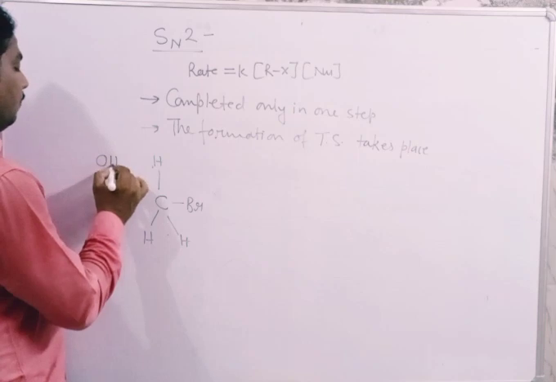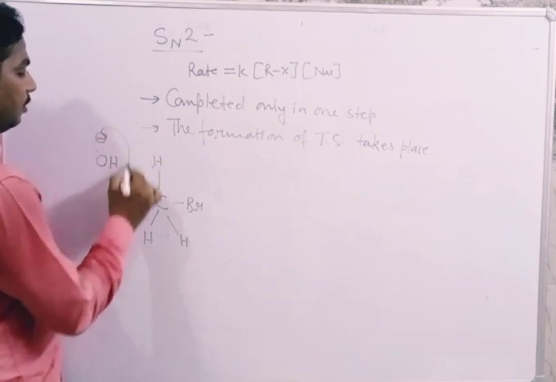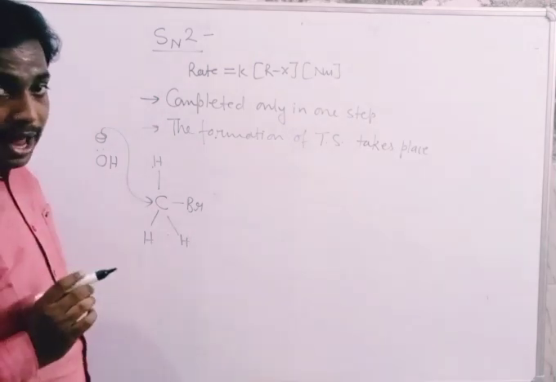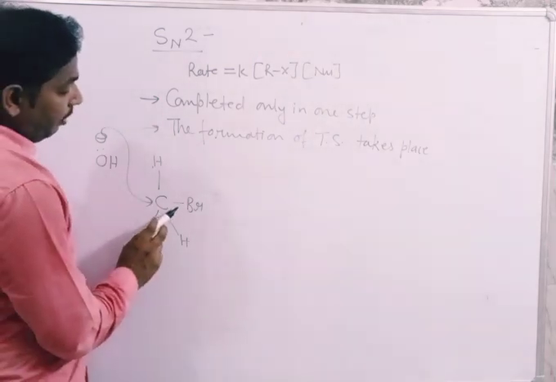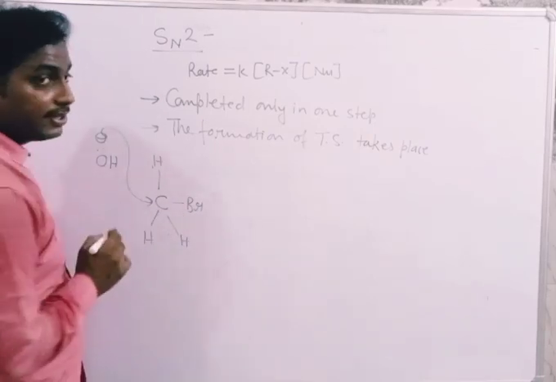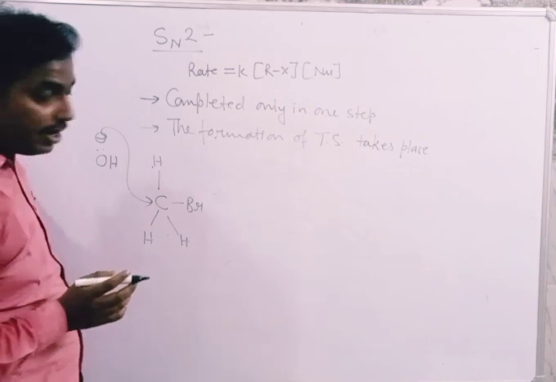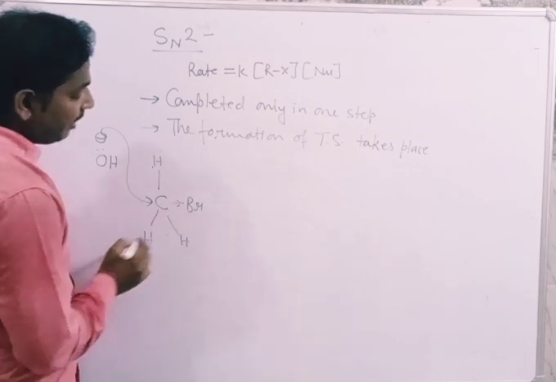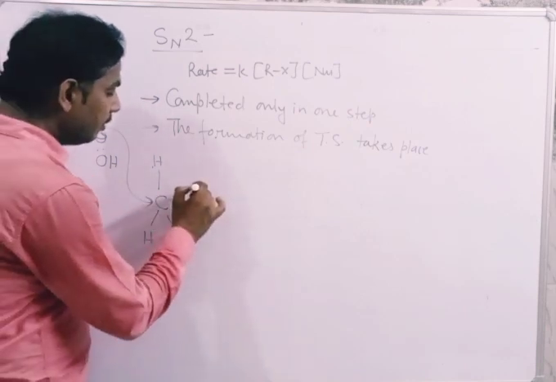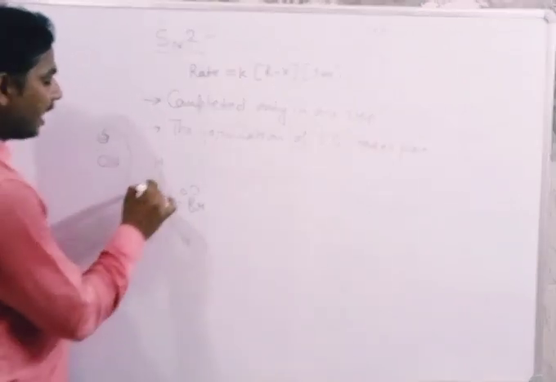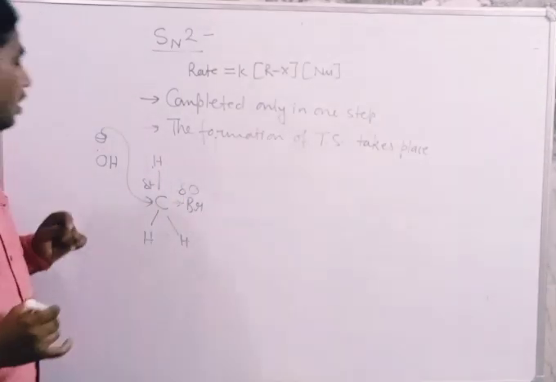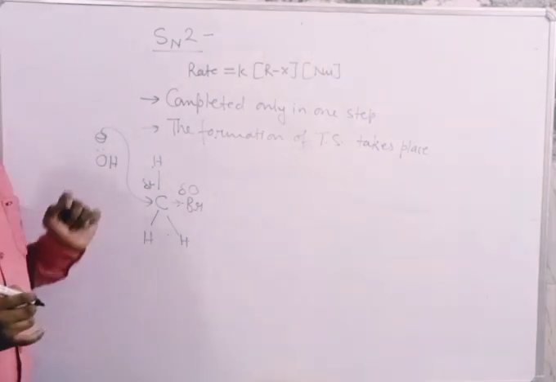So the nucleophile OH minus reacts on the carbon from the back side, because in the starting I discussed that Br is more electronegative and the carbon is less electronegative. So Br attracts the lone pair of electrons, so it gets partially negatively charged and the carbon gets a partial positive charge. So due to the presence of the partial positive charge, OH minus can attack the carbon.